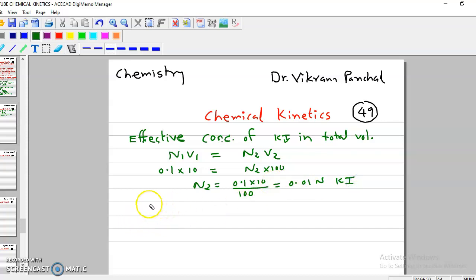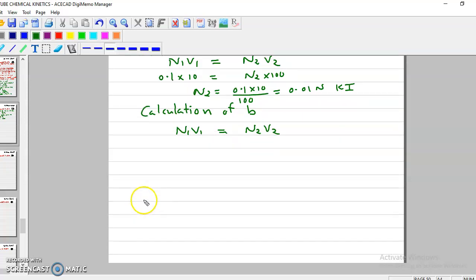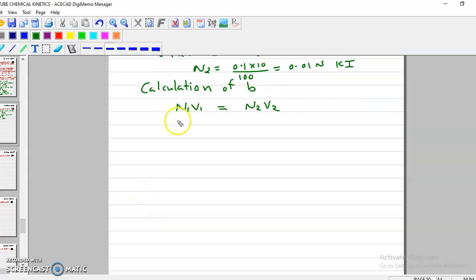Now, for calculation of small b, we write N1V1 is equal to N2V2. N1V1 will be for KI, N2V2 is for sodium thiosulfate.